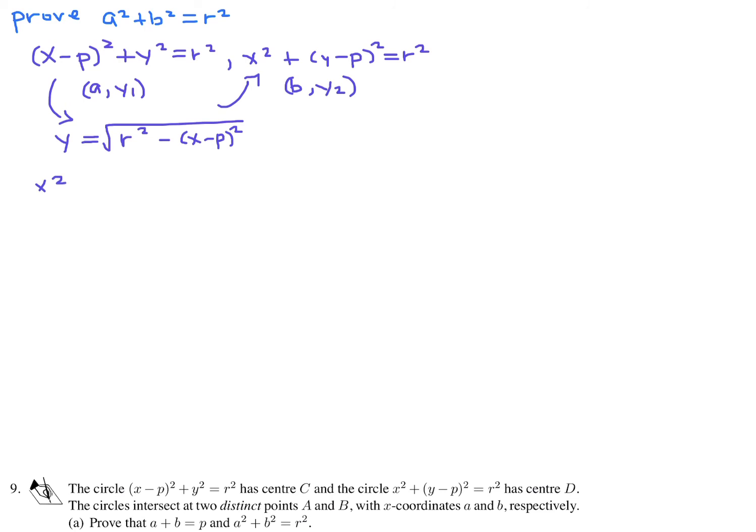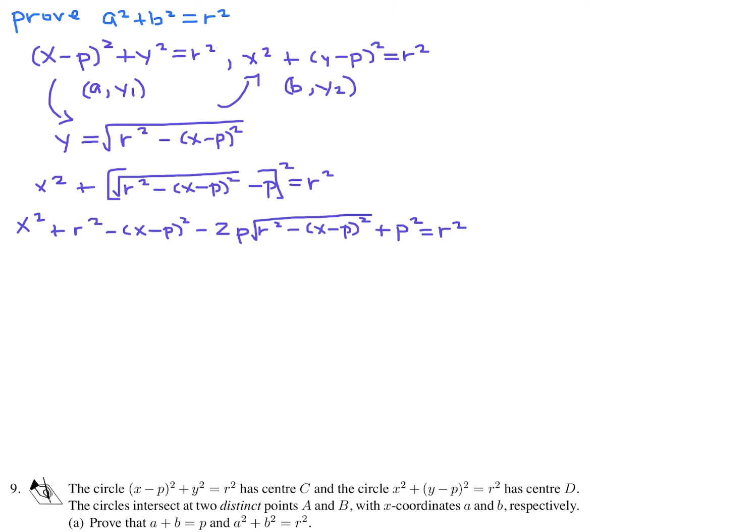So that would be x² + (√(r² − (x − p)²) − p)² = r². And then if you multiply this out, you get x² + r² − (x − p)² − 2p√(r² − (x − p)²) + p² = r².